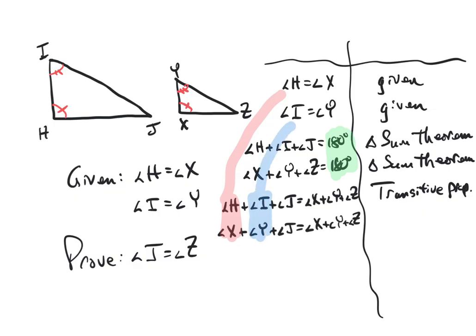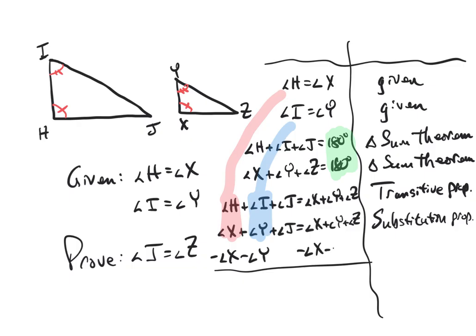So when I replace something with what it's equal to, that's called a substitution. All right, and by making those substitutions, I now have the same letters on both sides. I have an angle X on both sides, so I could subtract it away. I have an angle Y on both sides, so I could subtract it away. So obviously my last reason is going to be the subtraction property.